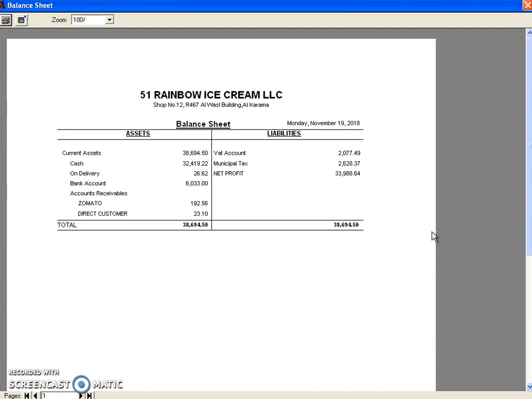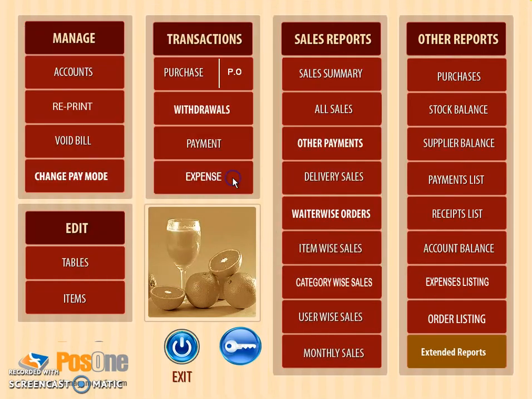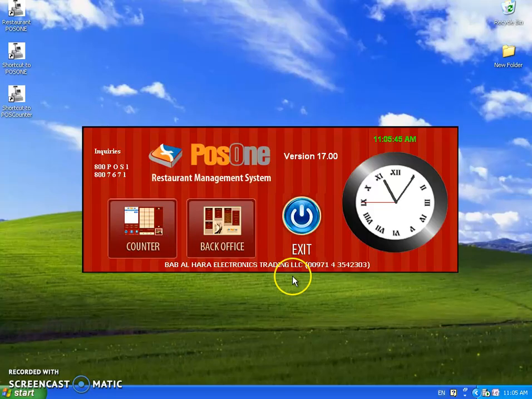If there is any credit customer, you can see all the payables as well. That is the simplest part of the system. More detailed reports can be made based on your request.